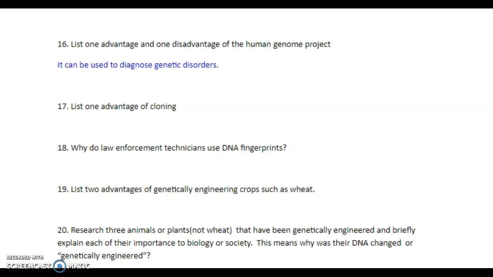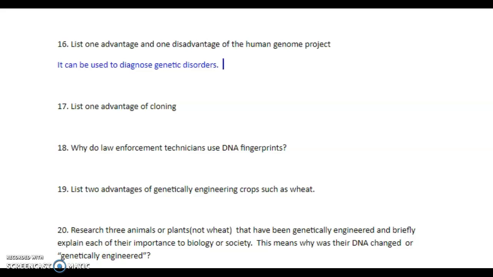Or you would not want your insurance company getting a hold of the information that you might become ill later on. So the advantage could also be the disadvantage. It can be used to diagnose genetic disorders, which might mean you can get treatment for those disorders earlier.